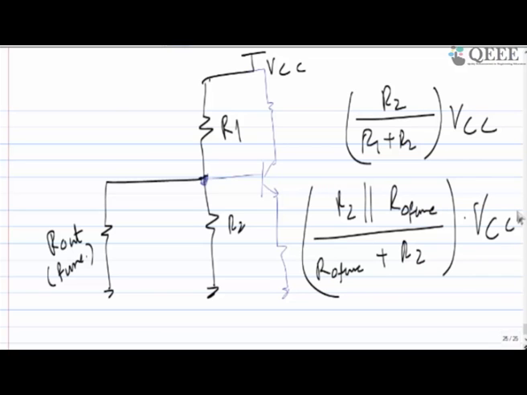For the function generator, I am telling you the output resistance offered by the function generator is approximately 50 ohm. This is the standard. We are going to use it as a standard. If you go to your laboratory, you will see that on the function generator it's written 50 ohm output.